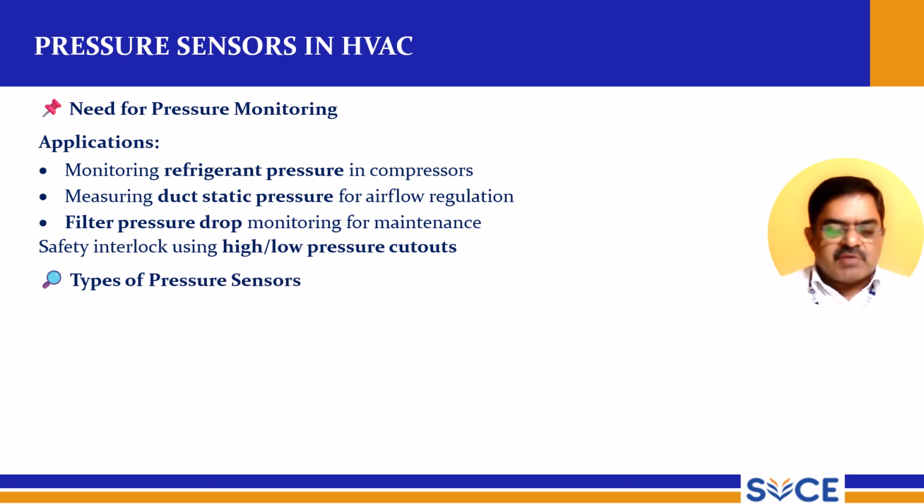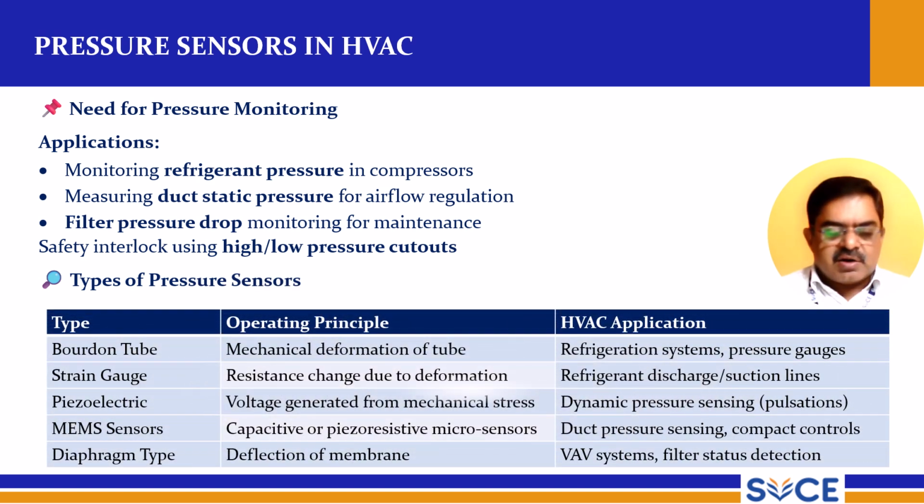Types of pressure sensors are Bourdon tube, strain gauge, piezoelectric, MEMS sensors, and diaphragm type. Operating principles are: Bourdon tube, mechanical deformation of tube; strain gauge, resistance change due to deformation; piezoelectric, voltage generated from mechanical stress; MEMS sensors, capacitive or piezoresistive micro sensors; diaphragm type, deflection of membrane.